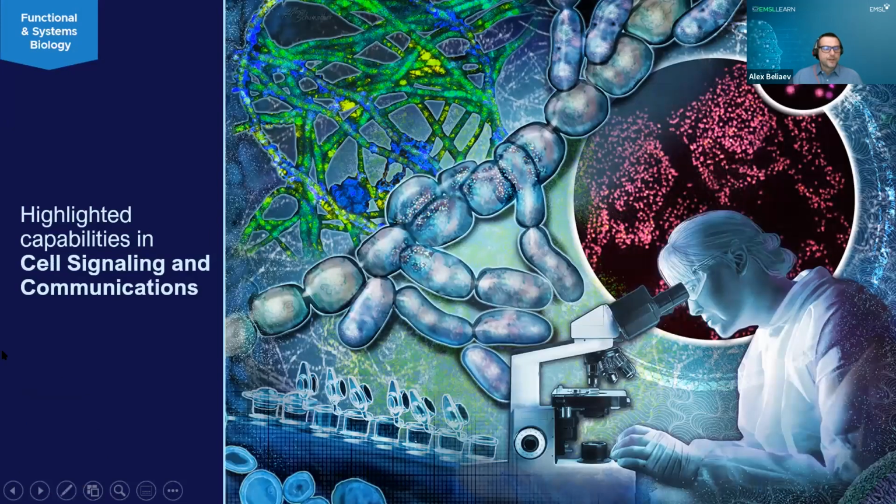And finally is the cell signaling and communication IRP, which investigates dynamic interactions and trafficking of molecular signals between cells, populations, and communities to understand the interrelationships between organisms and their response to the environment.